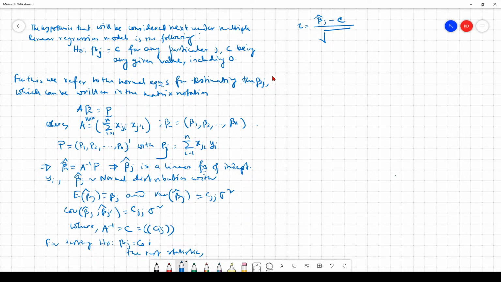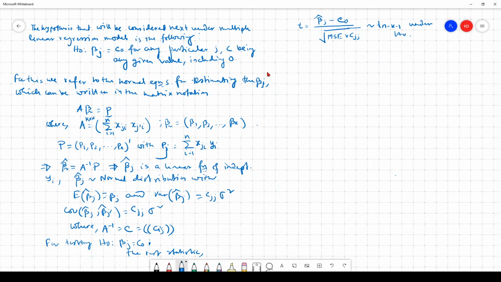So beta j hat minus C naught, over the standard error, because sigma square is unknown and it is estimated by MSE. So MSE into Cjj. And it follows T distribution with n minus k degrees of freedom under H naught.